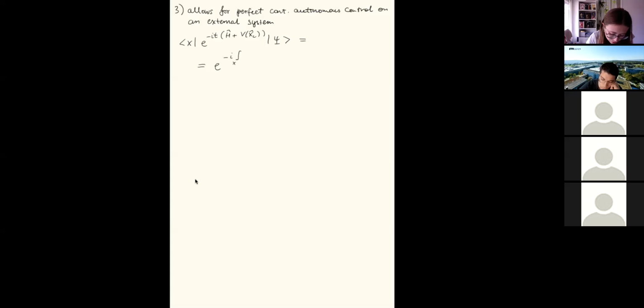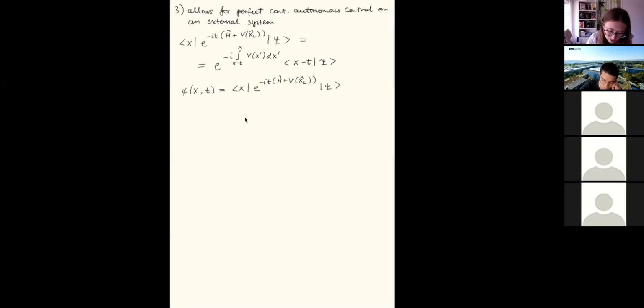So the first term just gives us the phase, and the second term is just a shifted state of the clock. So let me prove this. To prove this, let us denote psi of x, t as the component of the wave function at time t and position x.